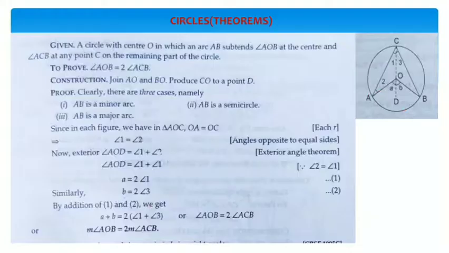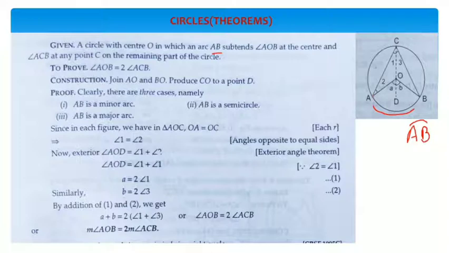So let me go for the proof. Now, in this question it is given that we have a circle with center O. We are taking only one case and the proof will be the same for all the figures. We have taken a circle with center O and we have taken 2 points A and B, and the arc obtained by it is arc AB, this one. From here, in this rotation, we can see this is the arc AB. Now this arc AB is subtending an angle at the center.